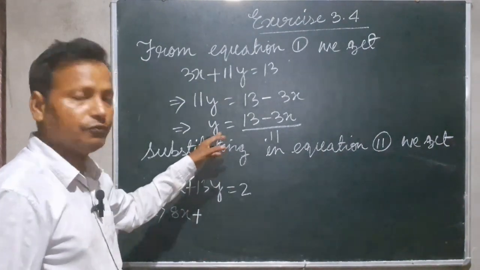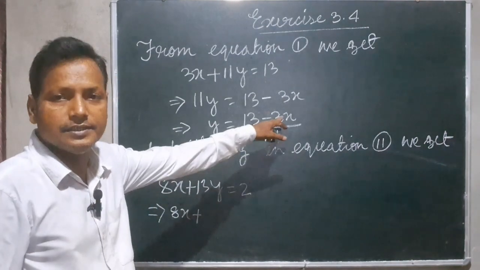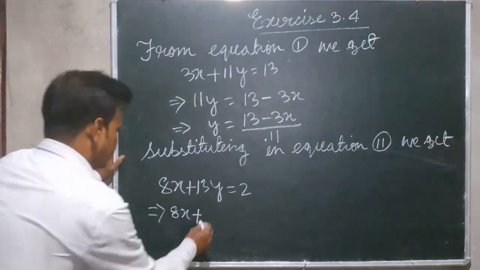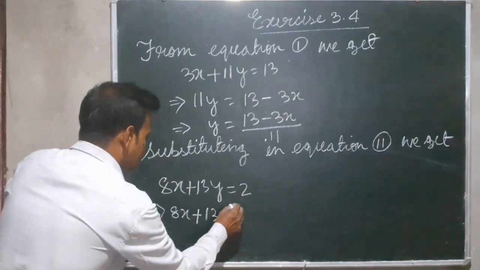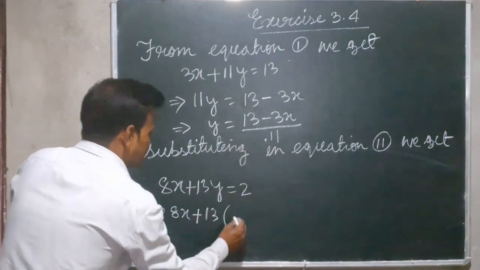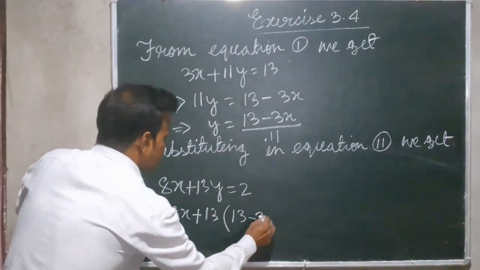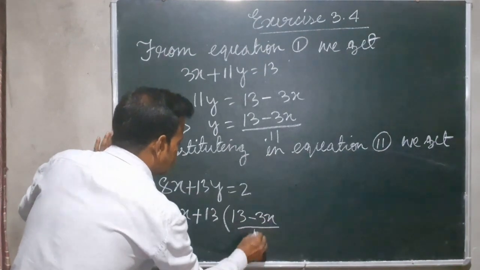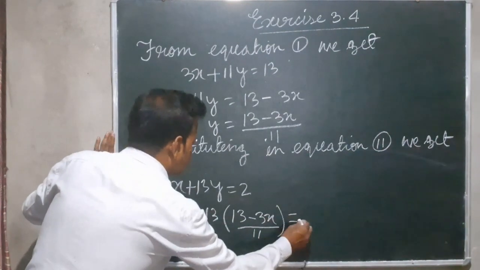The value of y is (13 minus 3x) by 11. 13 bracket (13 minus 3x) by 11, equals 2.